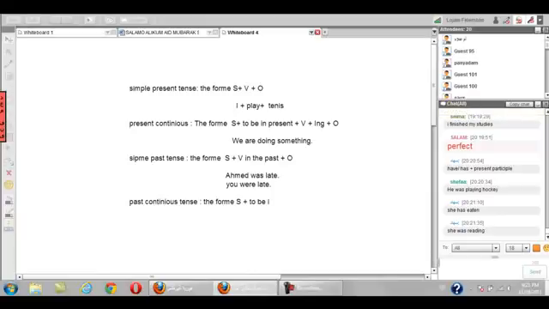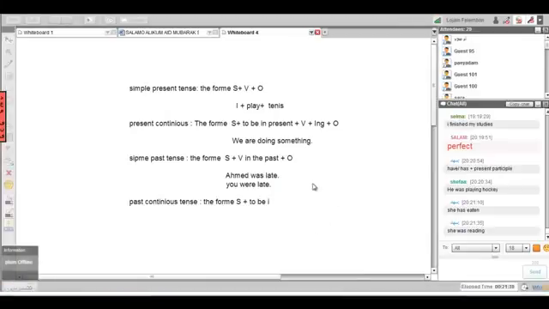This is an example. Okay? So she was writing a letter, or she was preparing dinner when the phone rang.